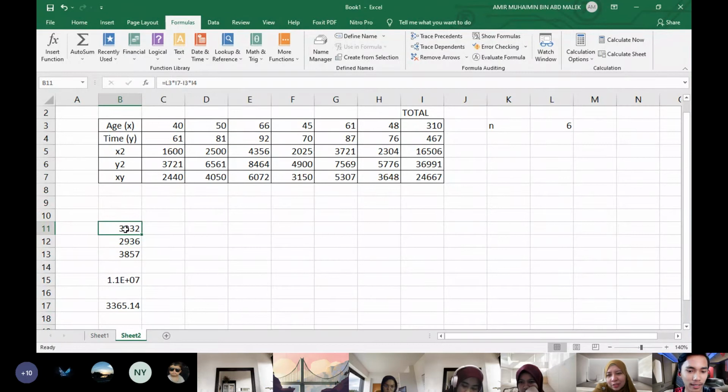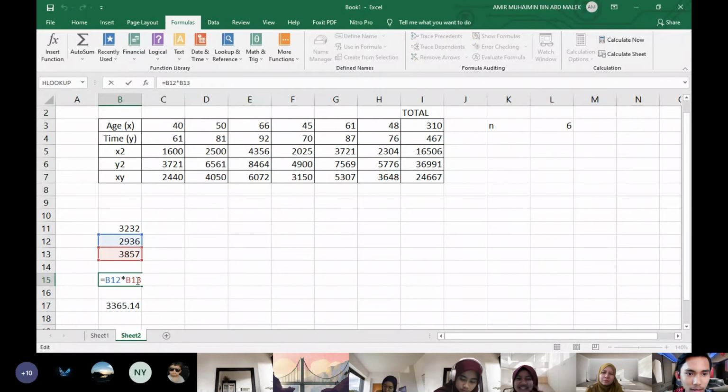Okay, you are using your calculator. So 3032 for the upper one, and below, for the first column it is 2936, column 2 is 3857. I multiply it. What are the values?